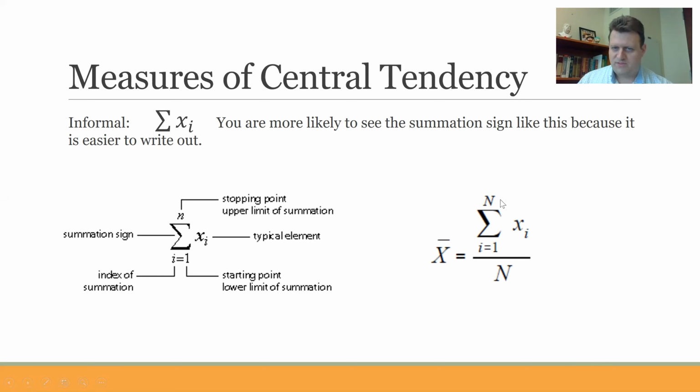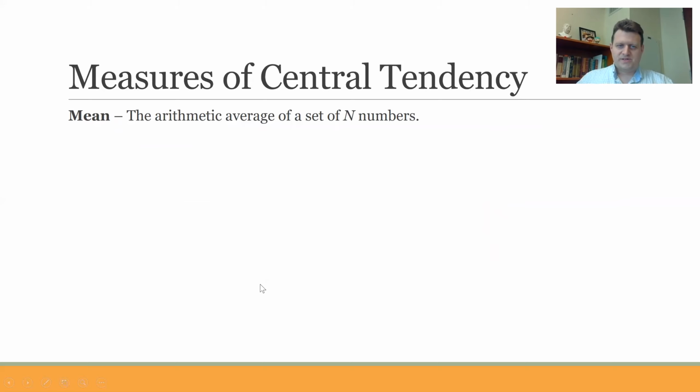We see the summation sign here, and we see the boundary conditions for when you need to start the summation and when you end the summation. You thought calculating the mean was easy, right? It is very, very easy. But again, for something that's easy, I want to talk about the notation of it so that we are all on the same page.